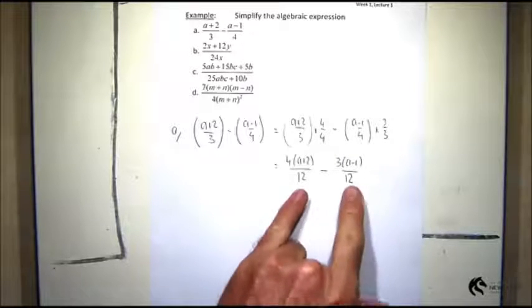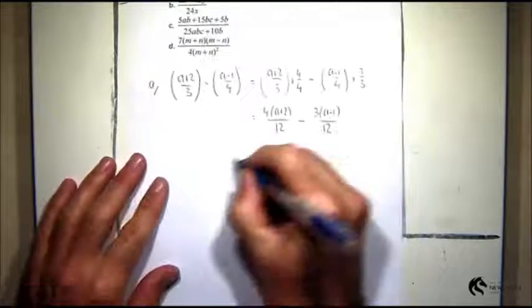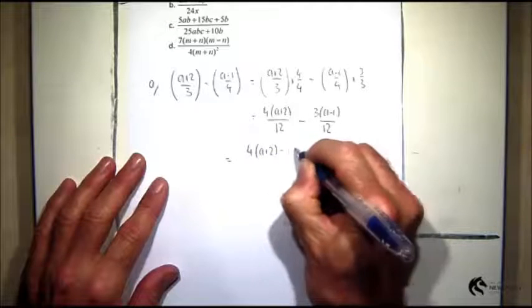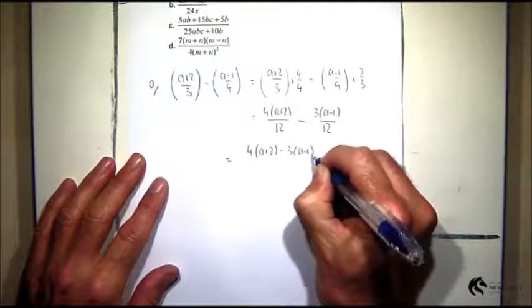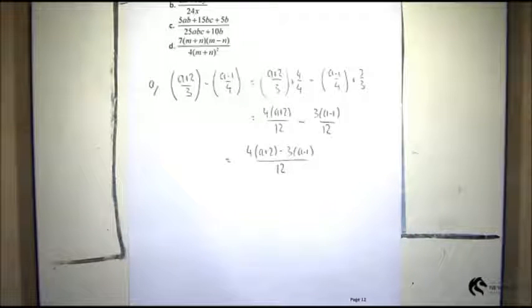These have a common denominator, so now I can just combine them. I'll come over here. So this is 4A plus 2 minus 3A minus 1, all on 12. That's good. That's a nice rearrangement.